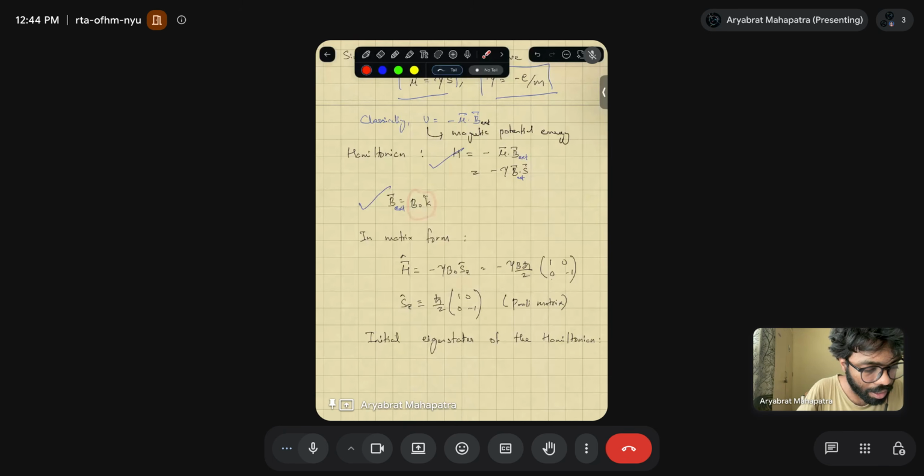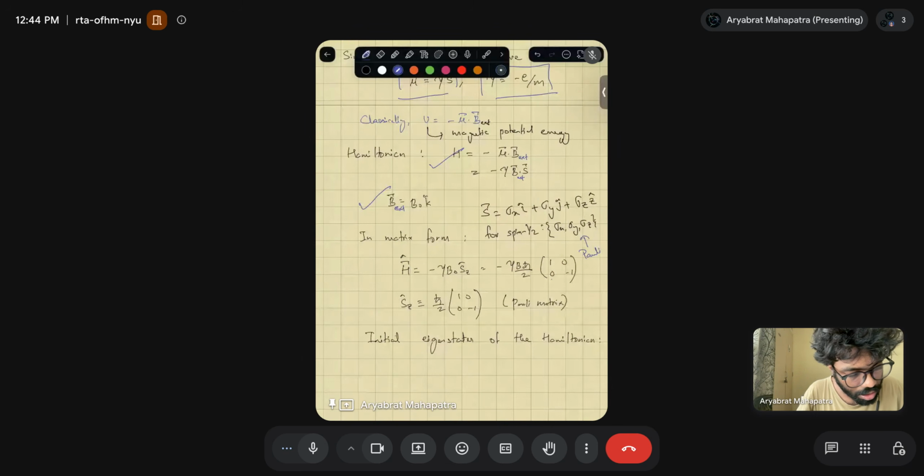If you remember, for a spin half particle, these sigmas are basically the Pauli matrices. So sigma x, sigma y, sigma z are the Pauli matrices. In quantum mechanics, this is how you can express your spin vector.